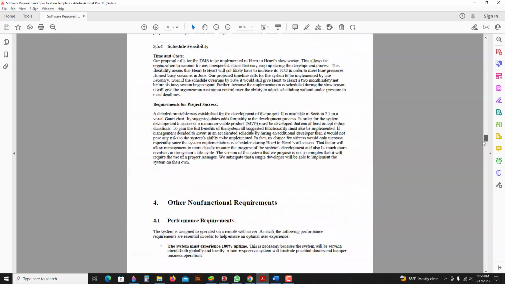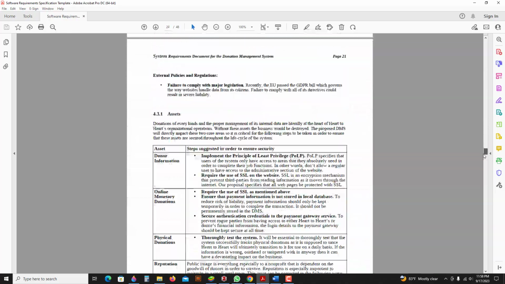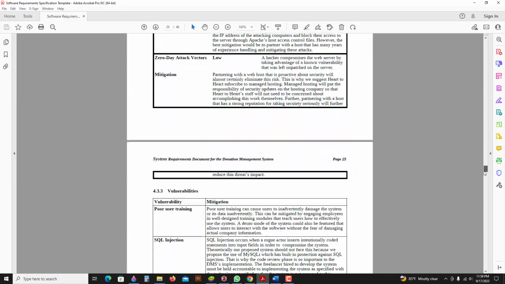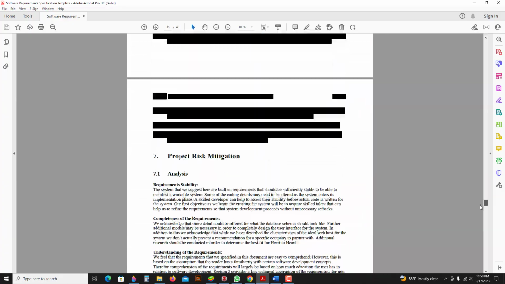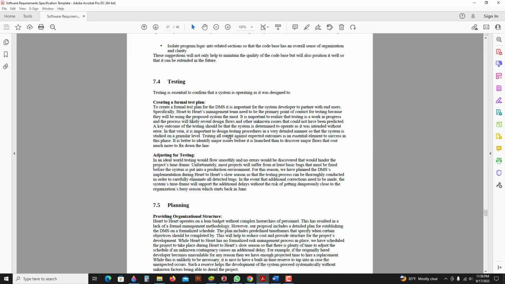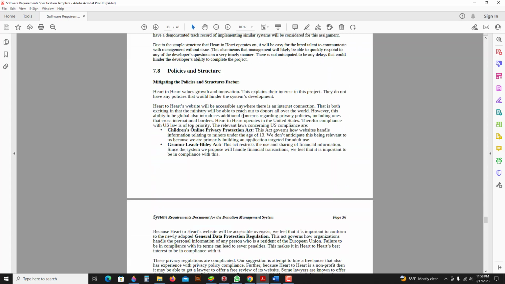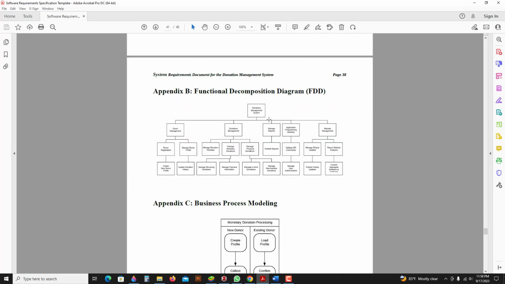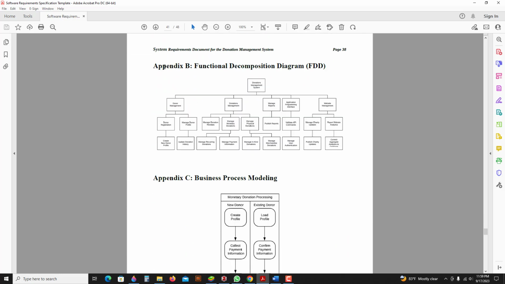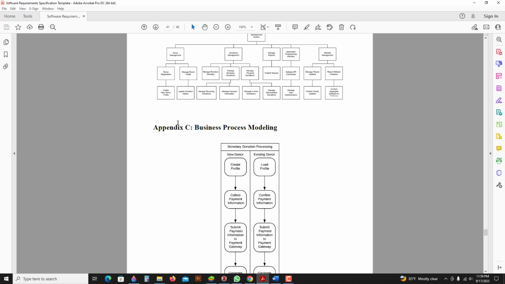And if you look at the appendix, it is the other big section. That section seems pretty easy. She wants us to do a bunch of diagrams, really. If I can reach the end, there it is, right? So appendix B, she wants an FDD diagram, which we did already for assignment 2, so we know how to do that.